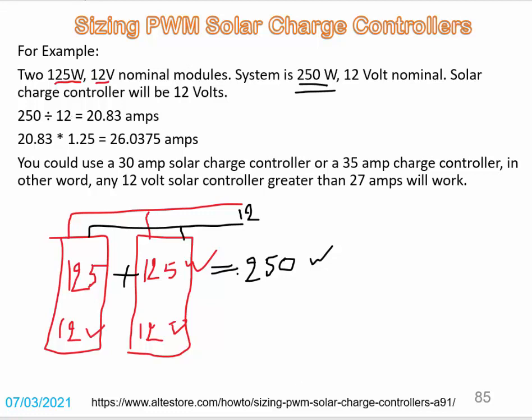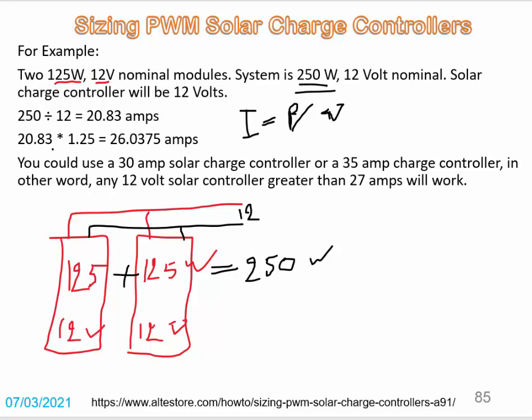Now, how do we calculate the current from this system? To calculate the current, we divide the total wattage by the voltage: I equals P divided by V, and the result is 20.83 amps.